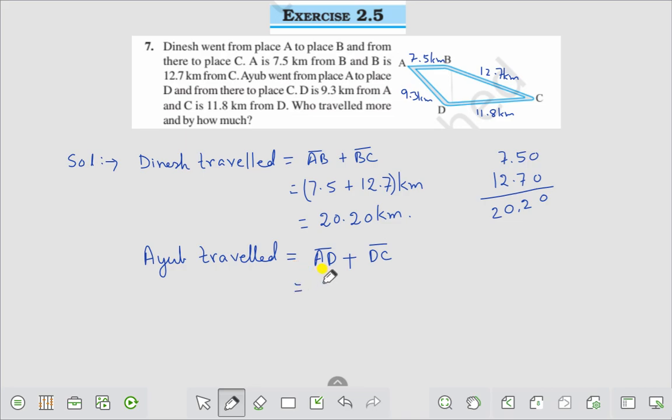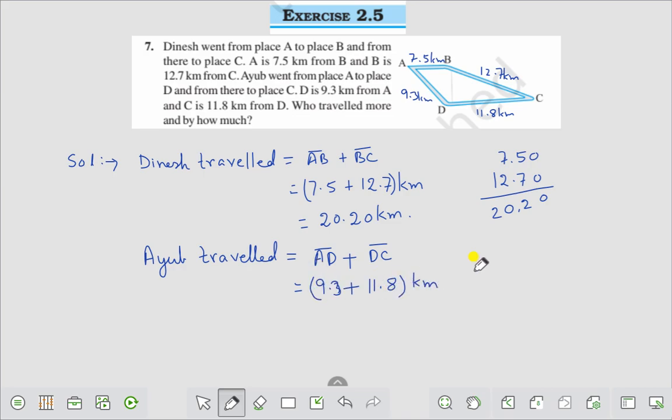The distance of AD is 9.3 km, plus the distance of DC, which is 11.8 km. These are in kilometers.